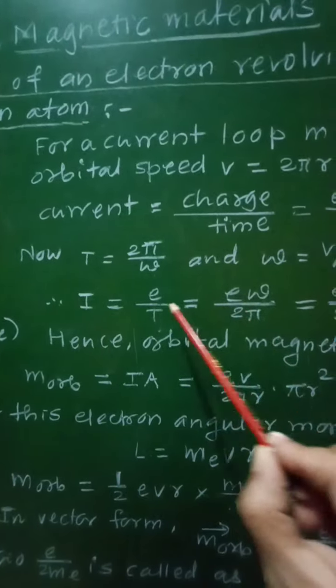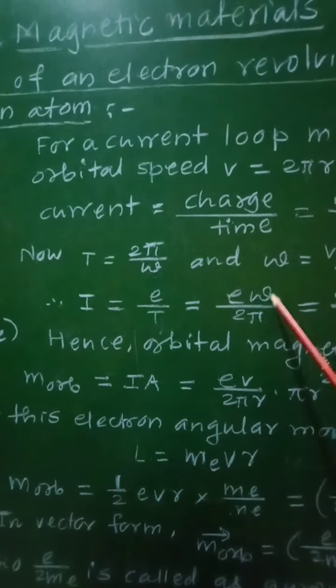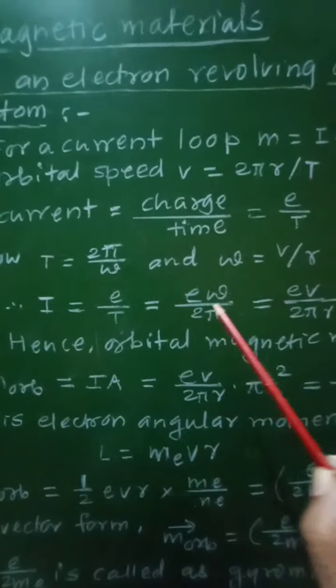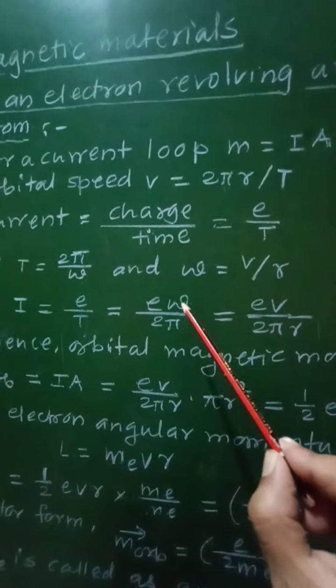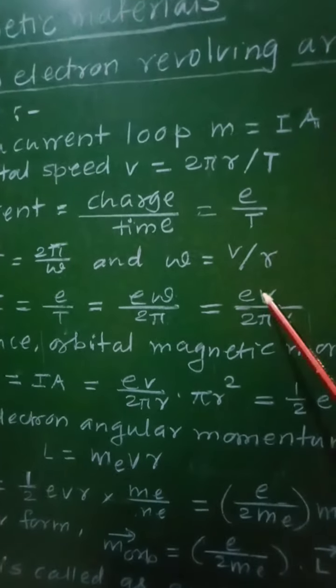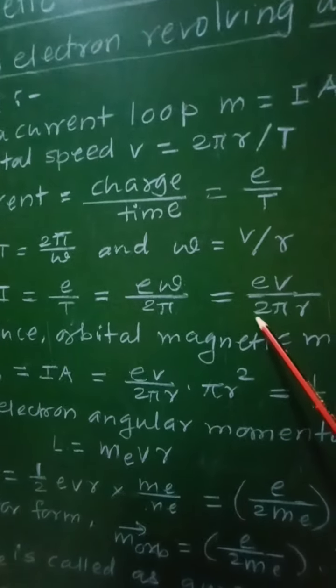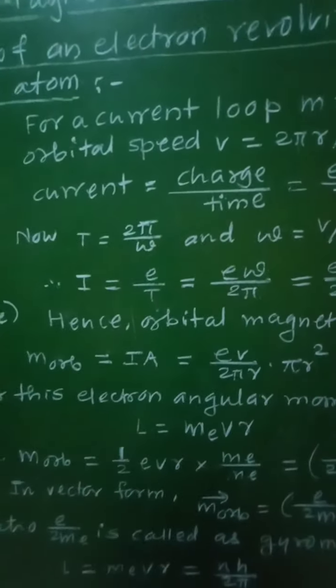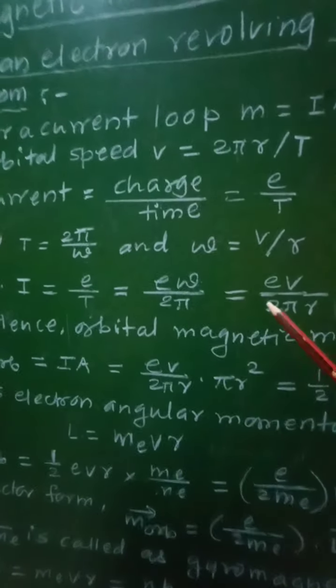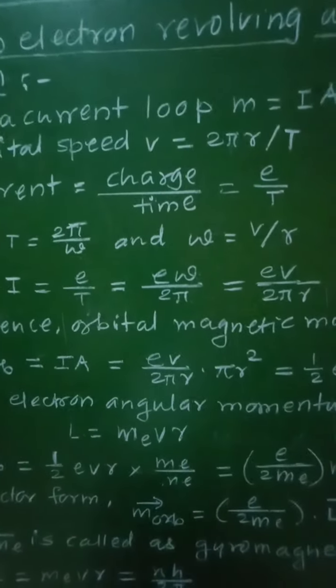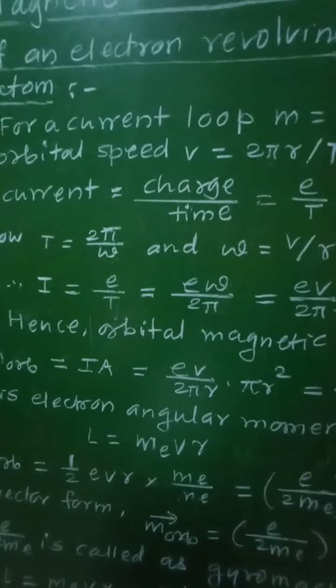So e is as it is, 1 by T will be equal to omega upon 2 pi, and omega will be replaced by v by r, and therefore I will be equal to e v upon 2 pi r. So this equation will represent the current through that circular loop.